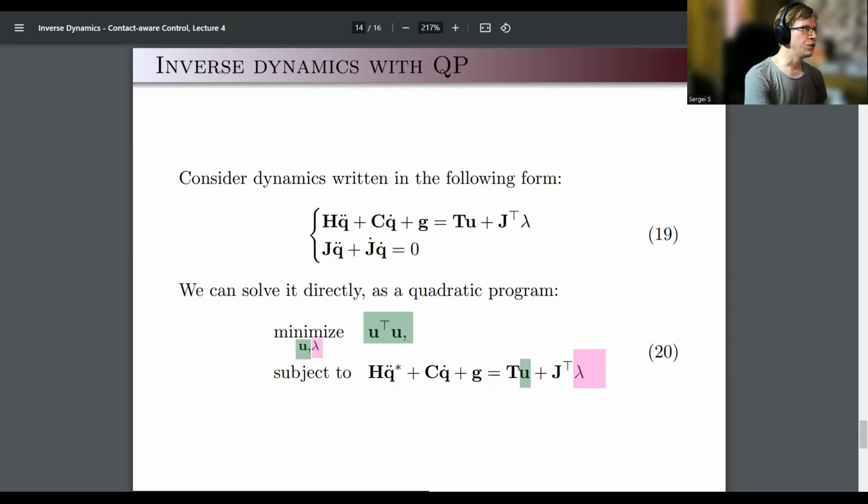And here you can notice another way to describe the availability of your accelerations. Since this matrix is full rank, there is one-to-one correspondence between this whole vector and accelerations.